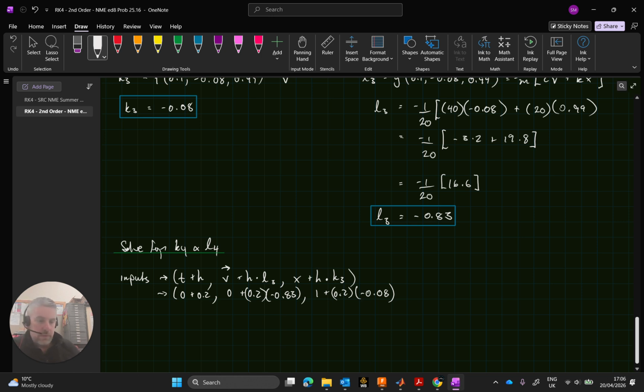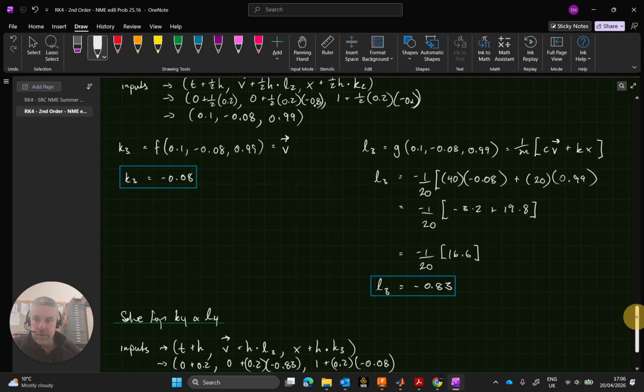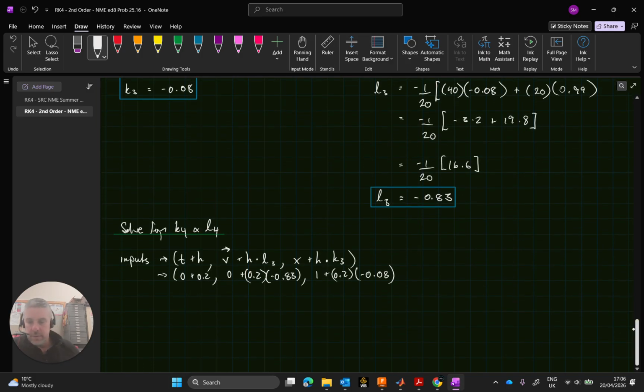Just work out the values. 0 plus 0.2 is 0.2. 0.2 multiplied by 0.83 is going to be minus 0.0166.